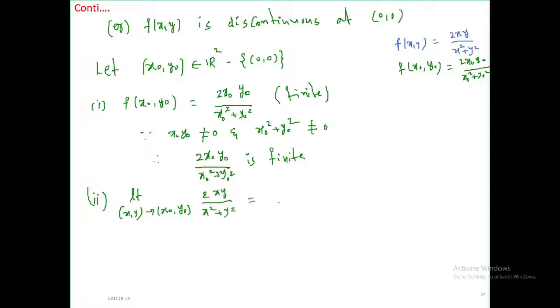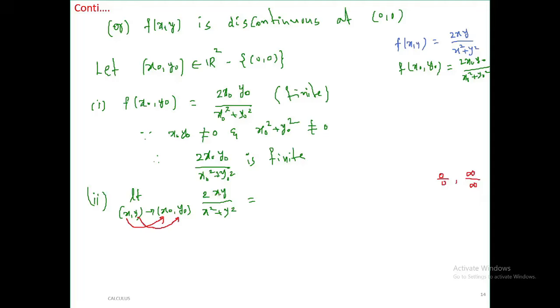This value we need to compute. So again same story: x is reaching x naught and y is reaching y naught. For a function of two variables there are two techniques. One is direct substitution of limits. If we get 0 by 0 or infinity by infinity form, then I will go to path limits, or simplify the function. But how to decide if it is 0 by 0 or infinity by infinity?